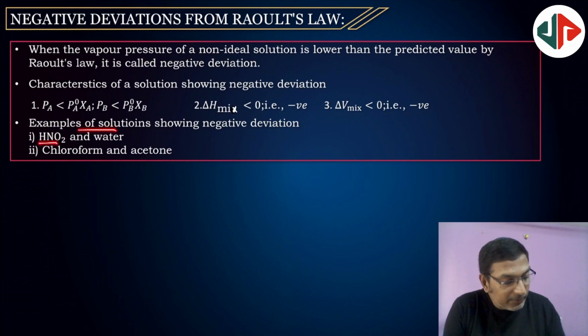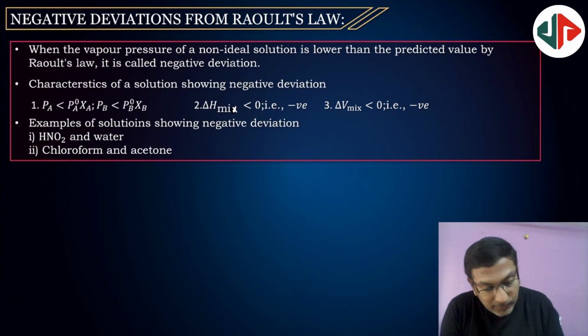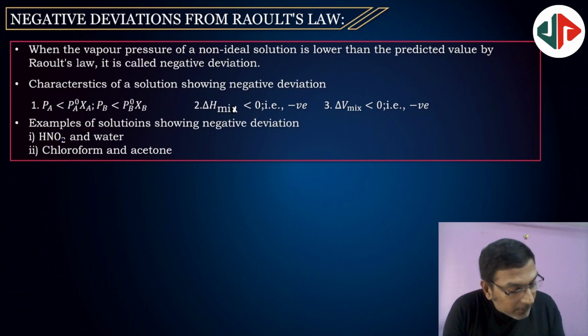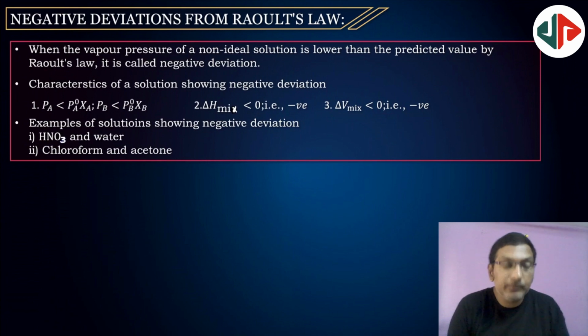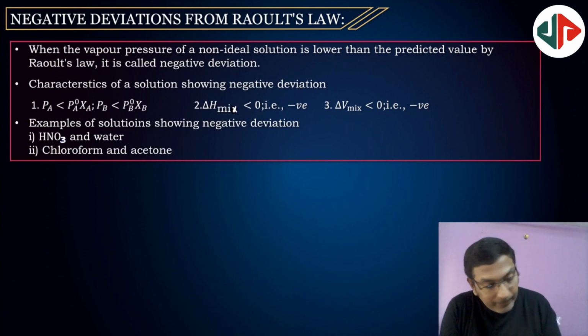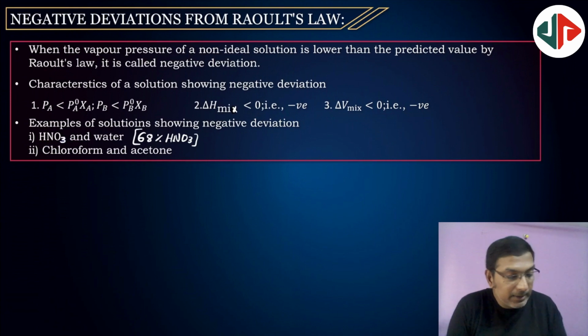Examples: HNO3, not HNO2, HNO3 and water. Here we must take 68% of HNO3. Next, chloroform and acetone. So these mixtures can show negative deviation.